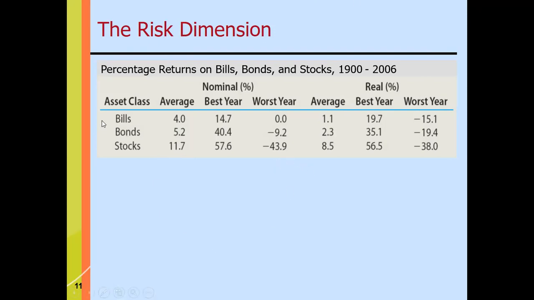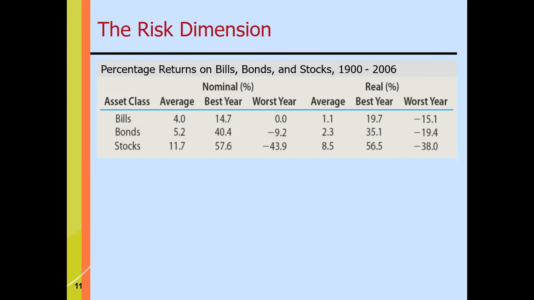And the bills would be, of course, the lowest in terms of the average returns, the lowest in the best years, but in terms of the worst years, also the lowest.